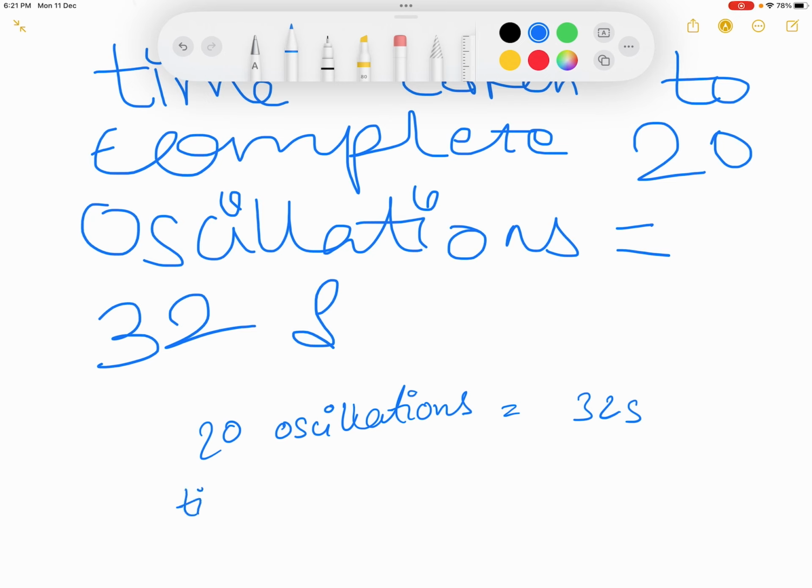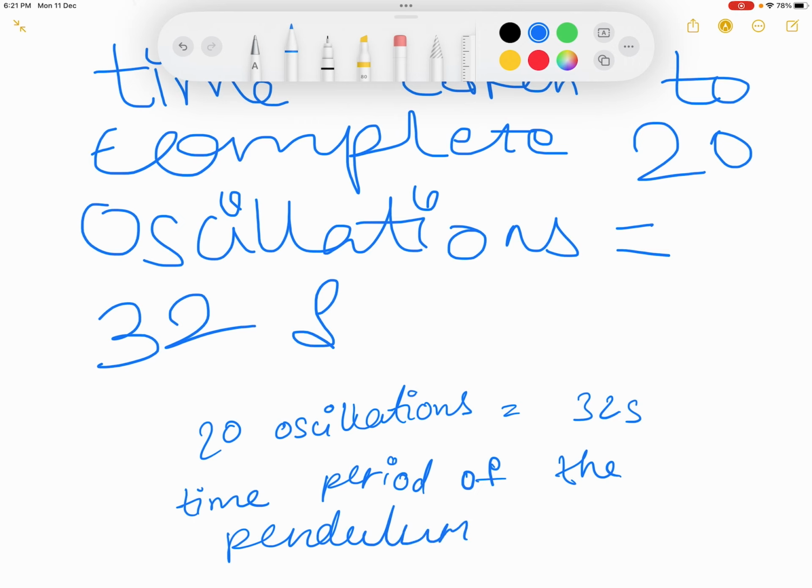So we need to take out the time period of the pendulum. So basically we want to know how much time it takes to cover one oscillation, right? Period of the pendulum.